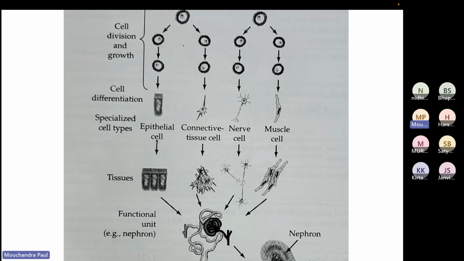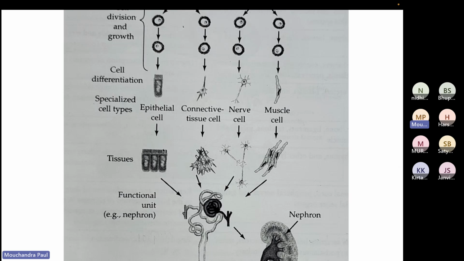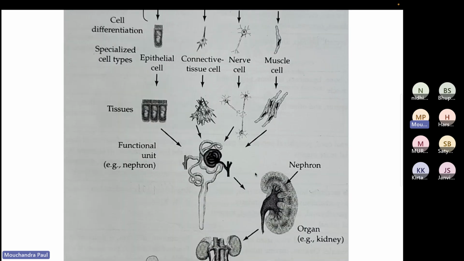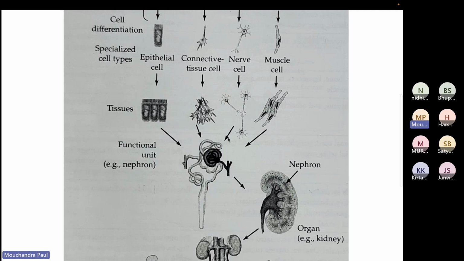Okay, so as you know, in a tissue there are billions of cells. So these are the different kinds of tissue types that you can see. There's epithelium tissue, connective tissue, nervous tissue, muscle tissue. And when these tissue types combine, they form the functional subunit of an organ.